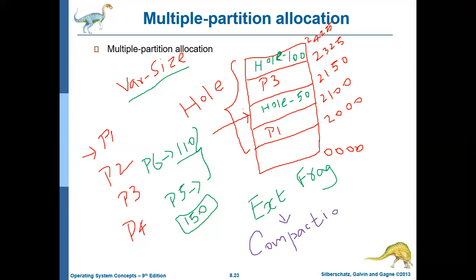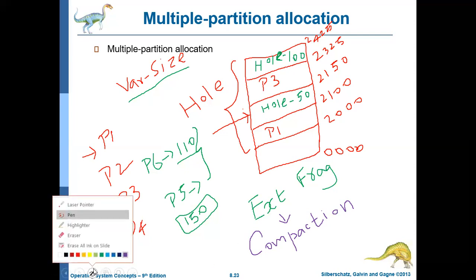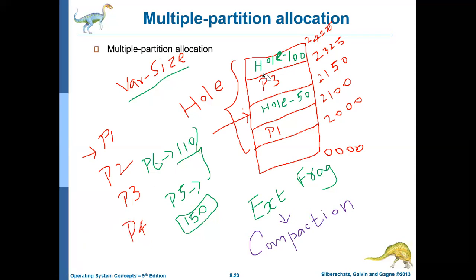So how? You just move all the holes to one end and all the processes that are executing to another end. In that case, what will happen is P3 will be moved below into this hole depending on its size. P3 occupies in our case how much memory? 175 MB.